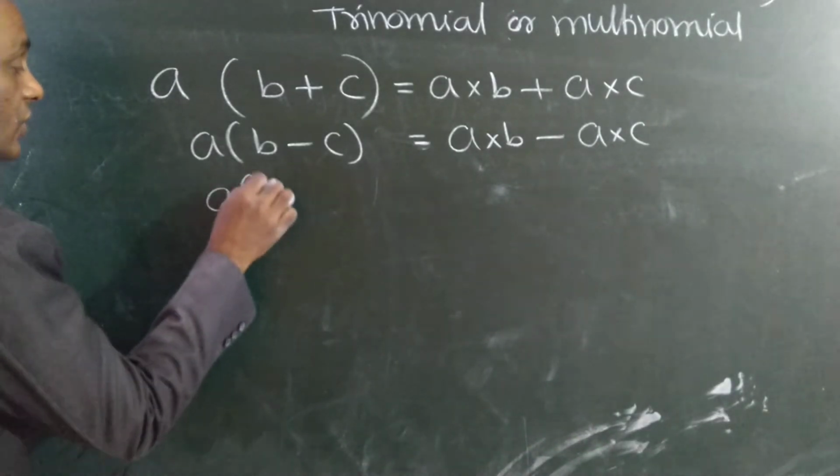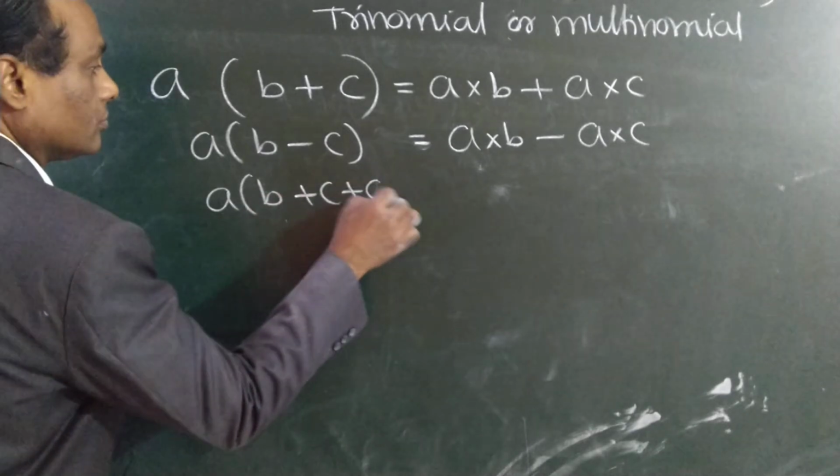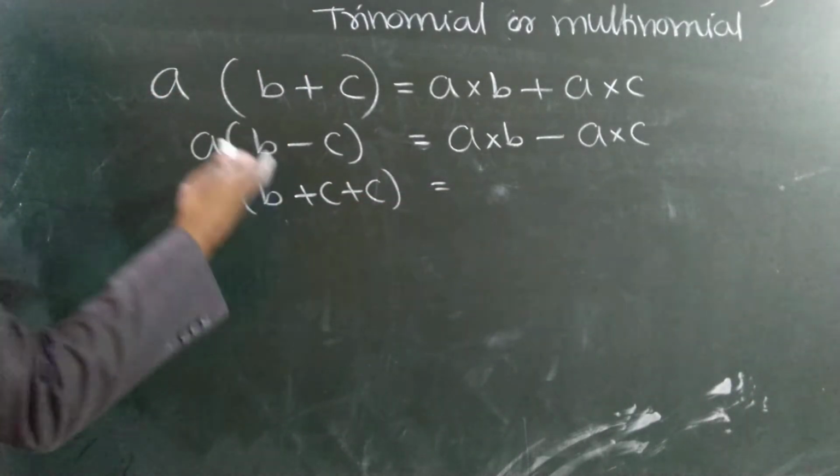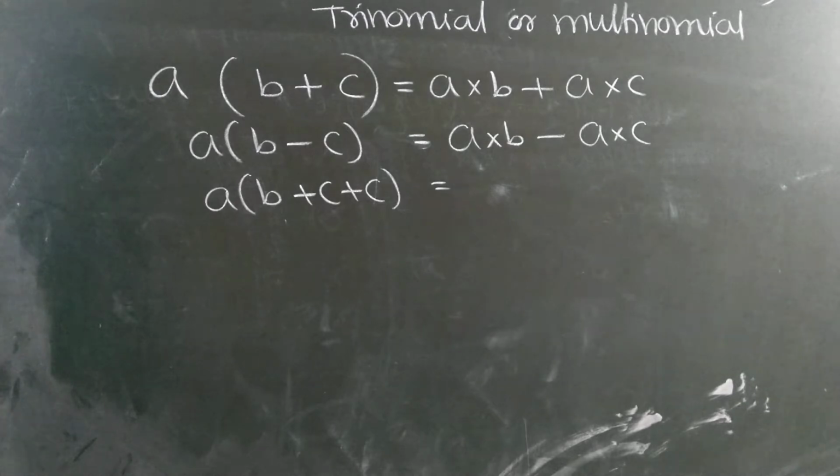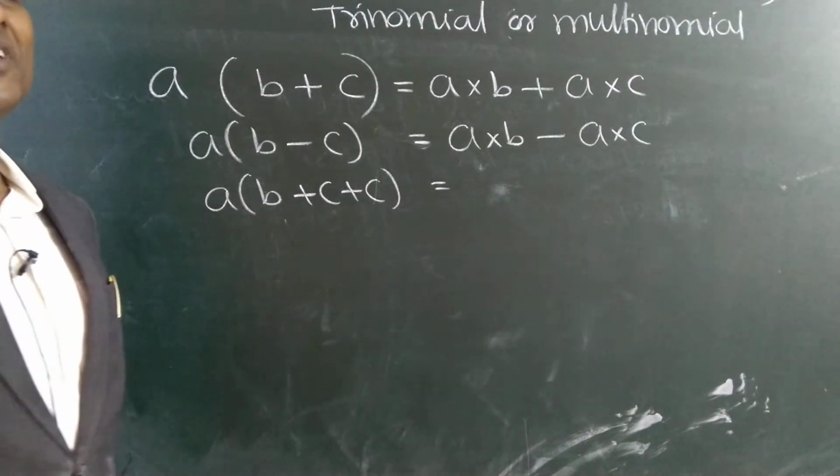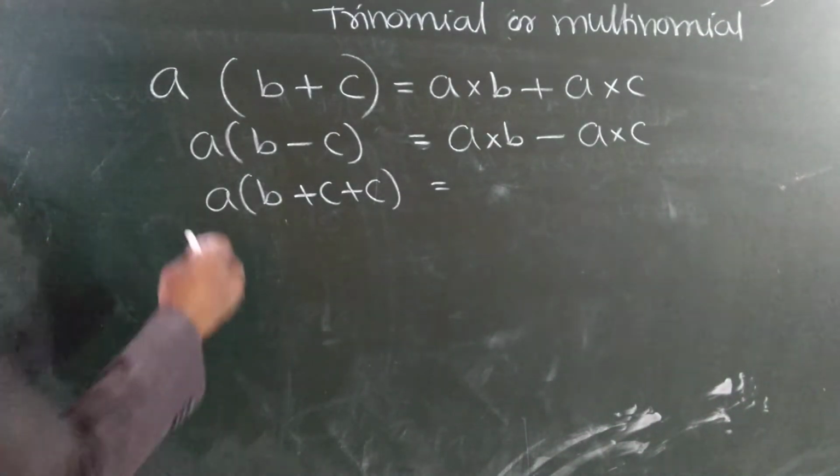Suppose three terms, same is applicable. This is the distributive property. Distributive property you studied in the lower classes and in the first chapter also we studied about this. See here how to multiply.